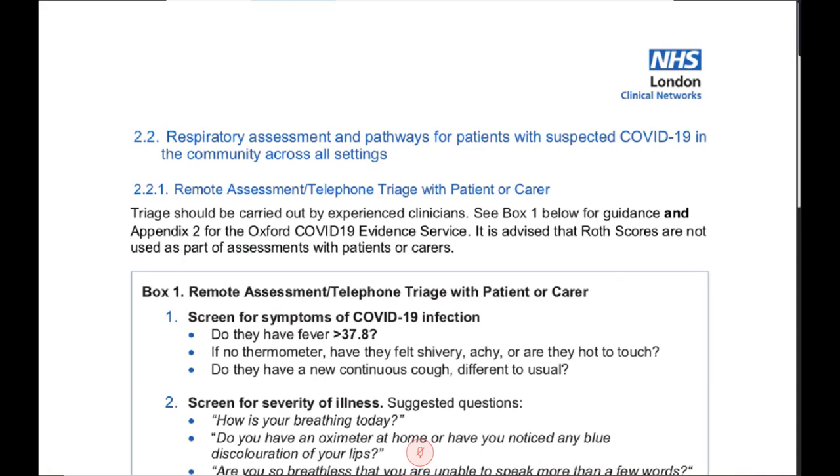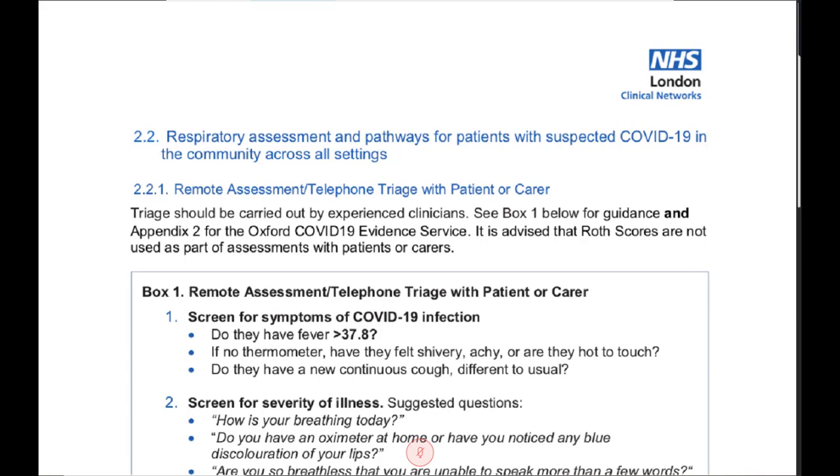One of the most common questions that we are asked is, how do we assess patients with suspected COVID on a remote basis? Now, this is really difficult in certain ways. The diagnosis of COVID is actually reasonably simple, because we're talking about patients who have fever, malaise and fatigue and muscle aches, and a new cough.